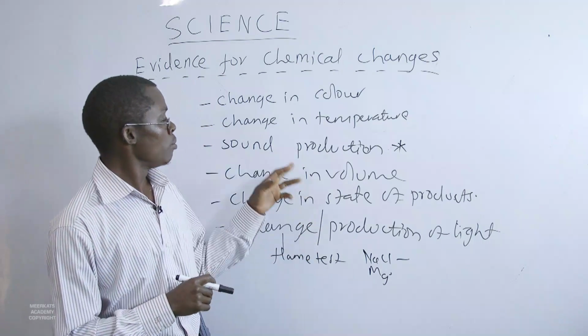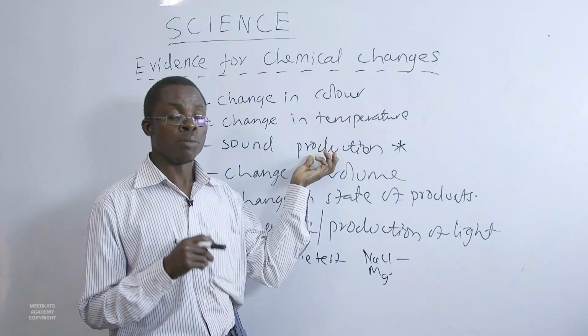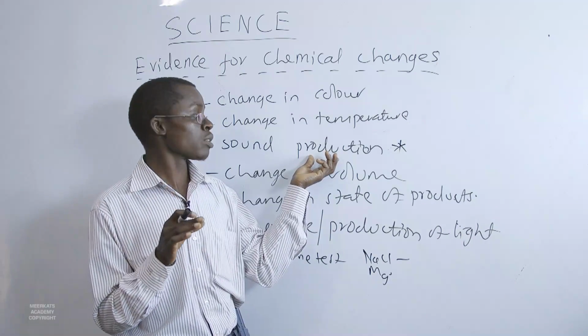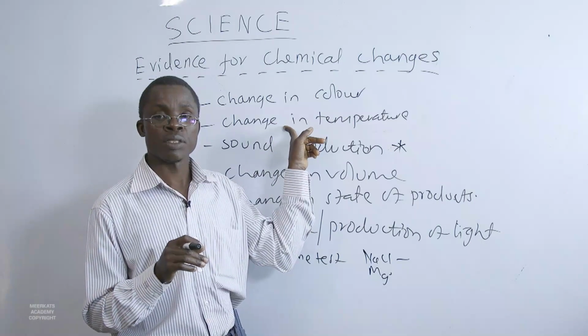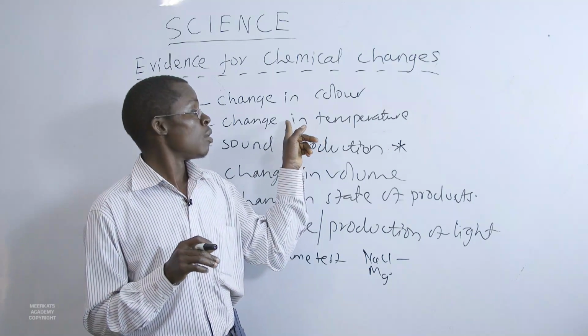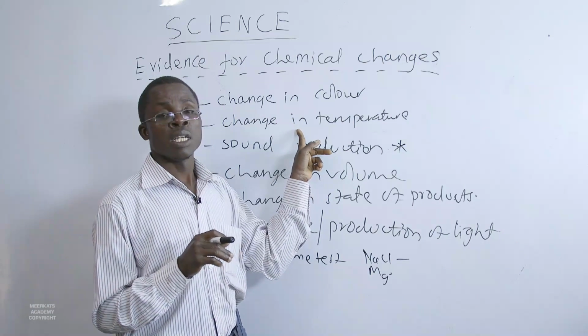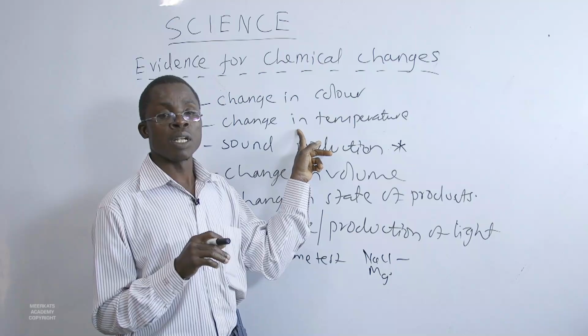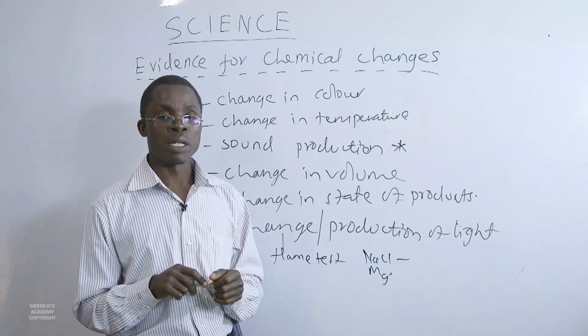In addition, most of the reactions that produce sound, not all, but most, also produce heat energy. So by producing that sound, in addition to producing a high amount of energy, if you are not so careful, you may get burned.